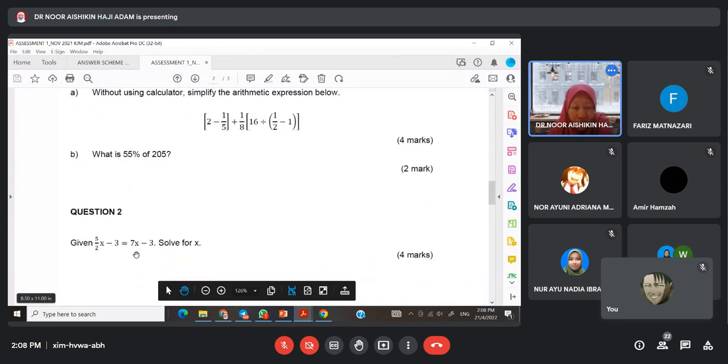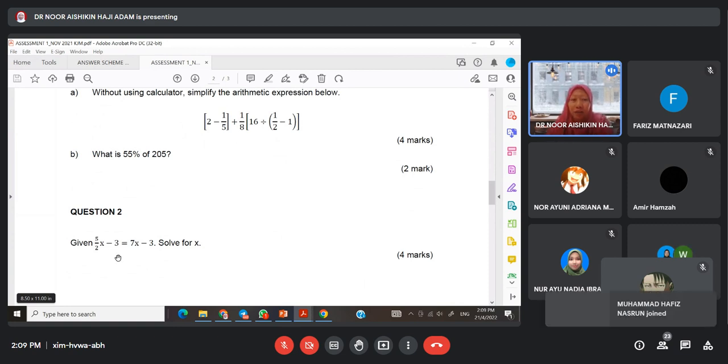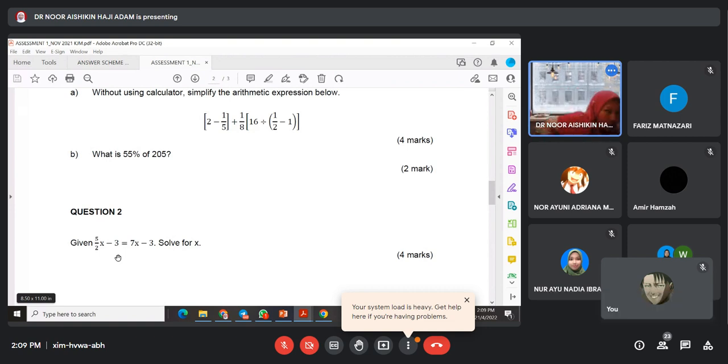Okay, soalan. Now, for number 2, you have an equation in X. These are linear equations in X. You should have linear equations only tau, because in this course, you are not taught with regard to higher order equations, or for example, quadratic or cubic or polynomial and so on.